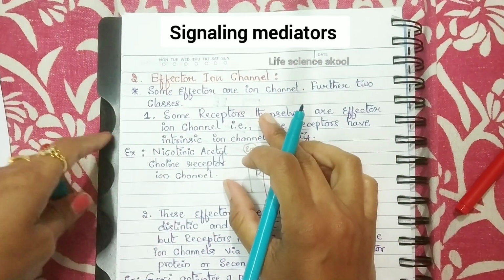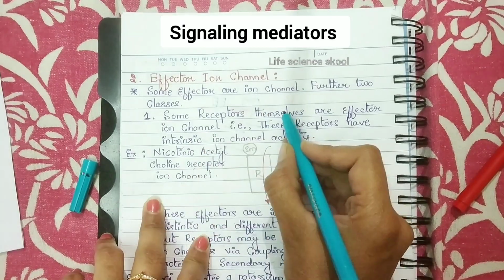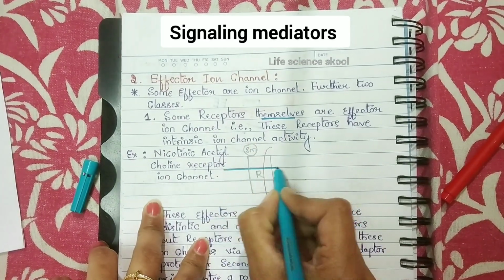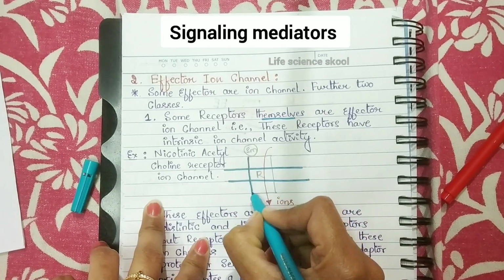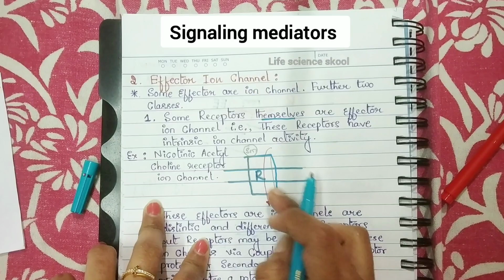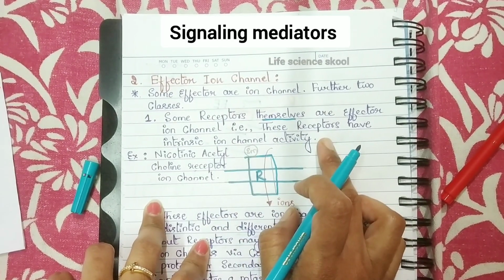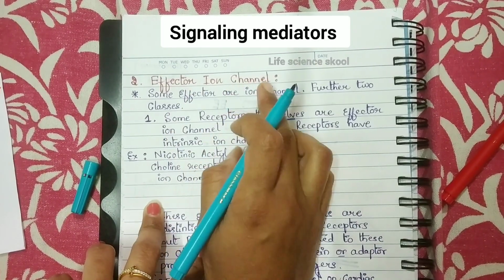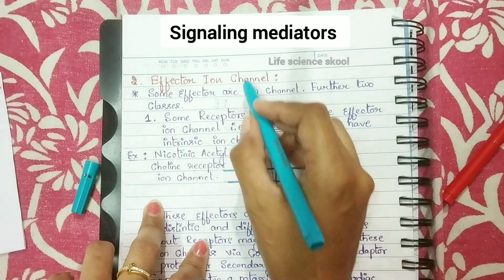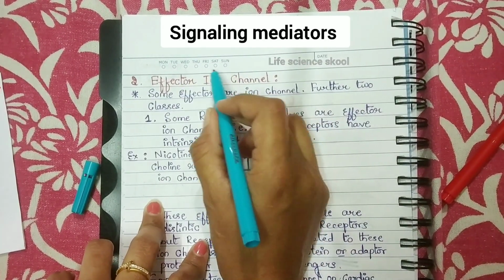Even the receptor itself is an ion channel. These receptors have intrinsic ion channel activity, so those are called effector ion channels. That means the receptor itself acts as an effector ion channel, and so it acts as a signaling mediator.